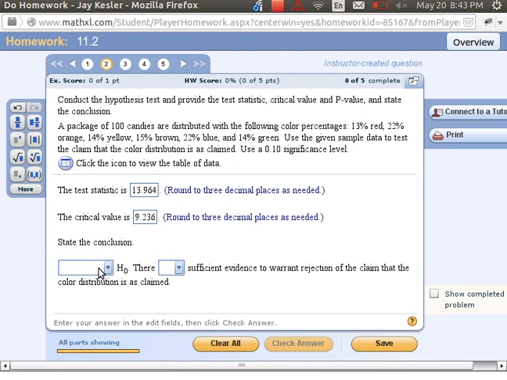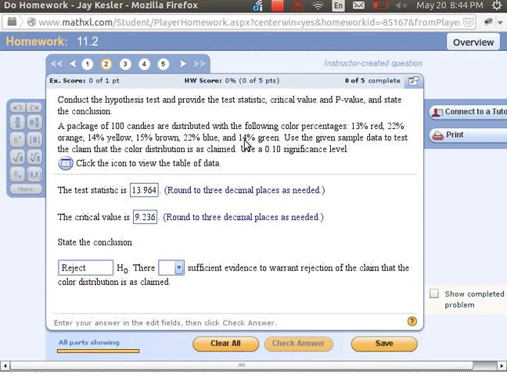So in general, if your test statistic is greater than your critical value for one of these chi-square distribution problems, you're going to reject the null hypothesis. Now, think about what the claim is. The claim is that the color distribution is as claimed. So that means the proportion of each is exactly these, or equals these percentages.